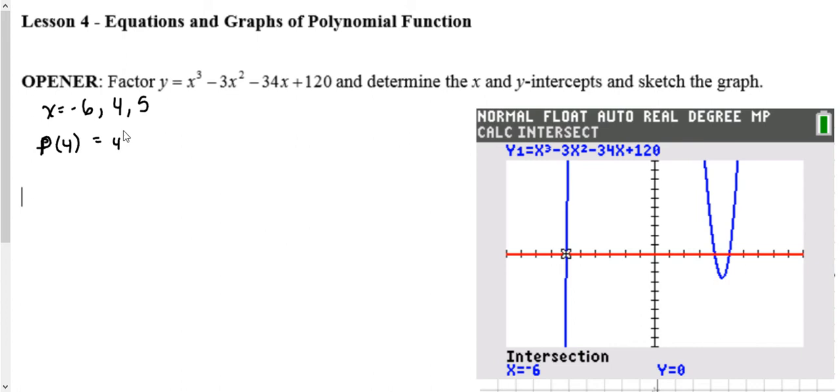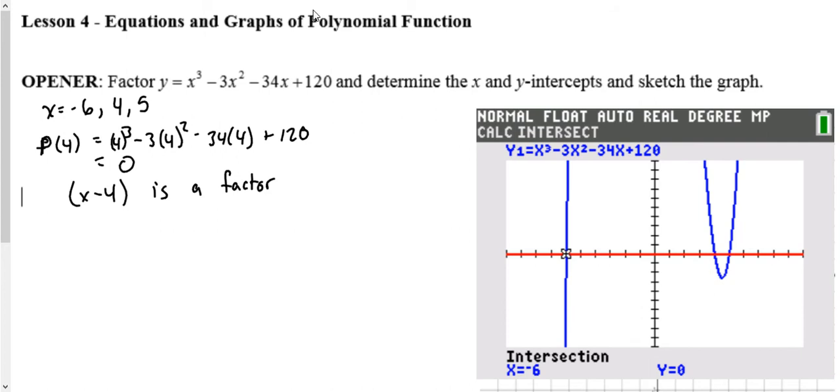We get 4 cubed minus 3 times 4 squared minus 34 times 4 plus 120. There we go. If you added all these terms up, you'd end up with 0. So then this does show that x minus 4 is a factor.